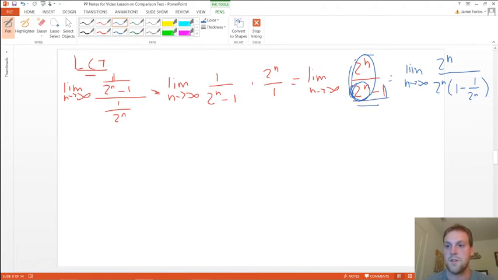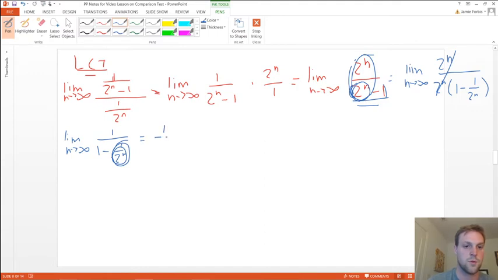The 2 to the n's cancel out, and I'm left with the limit as n is approaching infinity of 1 over 1 minus 1 over 2 to the n. Now, if I think about where that's approaching as I go to infinity, this bad boy right here is getting an infinitely smaller fraction, which goes to 0. So I'm left with 1 over 1 minus 0, or 1.